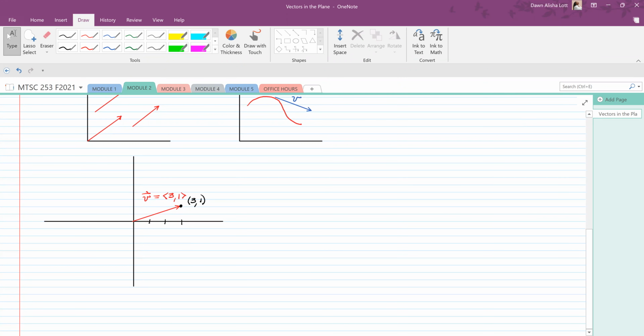I can do another vector. So let's say I go -1, -2, 1, 2, 3. So this is the point -2, 3. When I draw the vector starting here and ending at that point, this becomes the vector, let's call it U. And it is -2, 3.